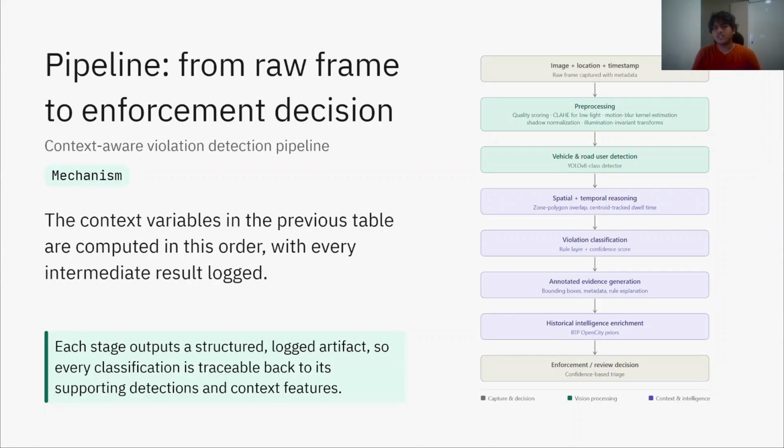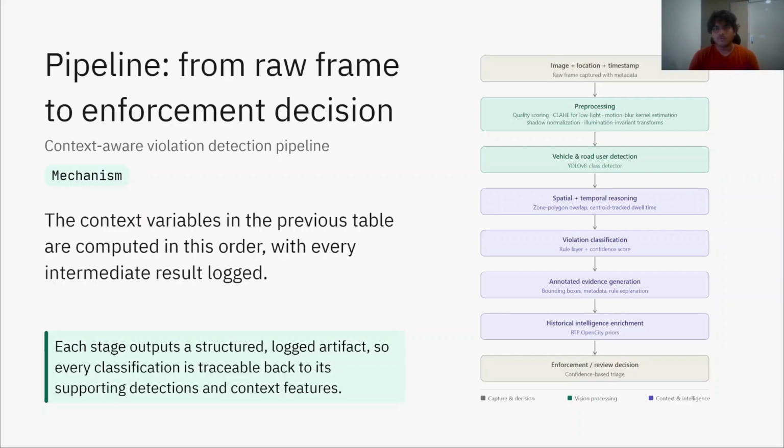Now, coming to spatial and temporal reasoning. This is the entire point of this project. Spatial reasoning is already done by YOLO V8. It knows where the vehicles are and where the restricted zone is. Temporal reasoning: every single frame is compared with every other frame for a video. We keep a precedent dwell time, which is the maximum amount of time a vehicle can be in the restricted zone.